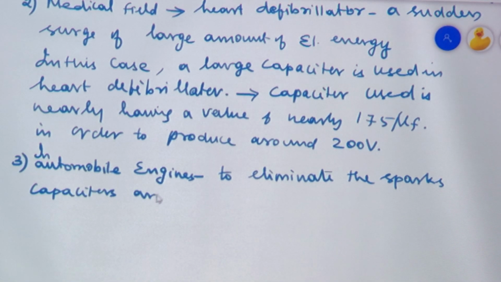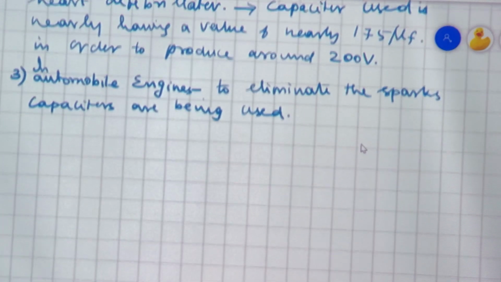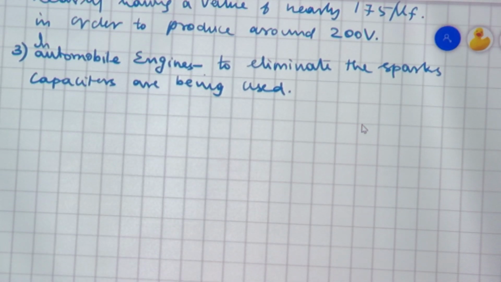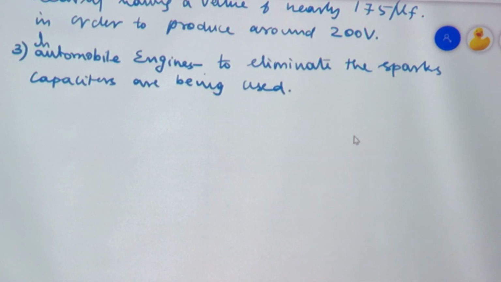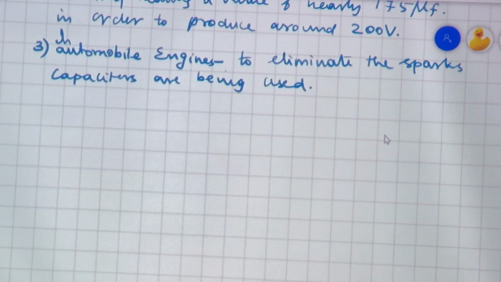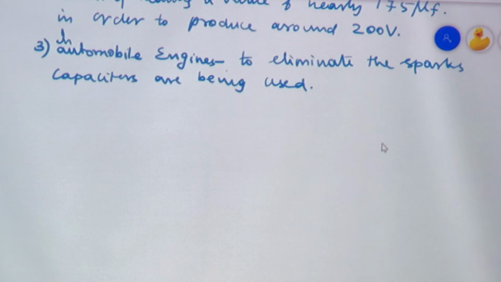Capacitors play a vital role in automobile engines while igniting the engine, in order to avoid sparks. If sparks are produced, it means there are more chances for the automobile to catch fire.